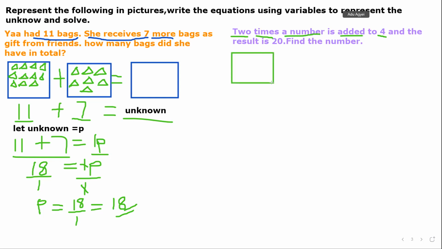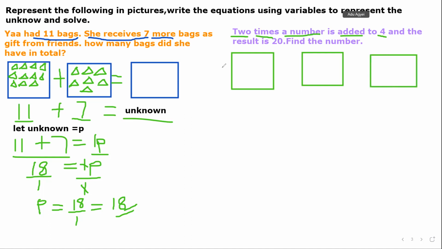Now we have the gray box, okay? Now with this 3 box, the question says 2 times a number, okay?